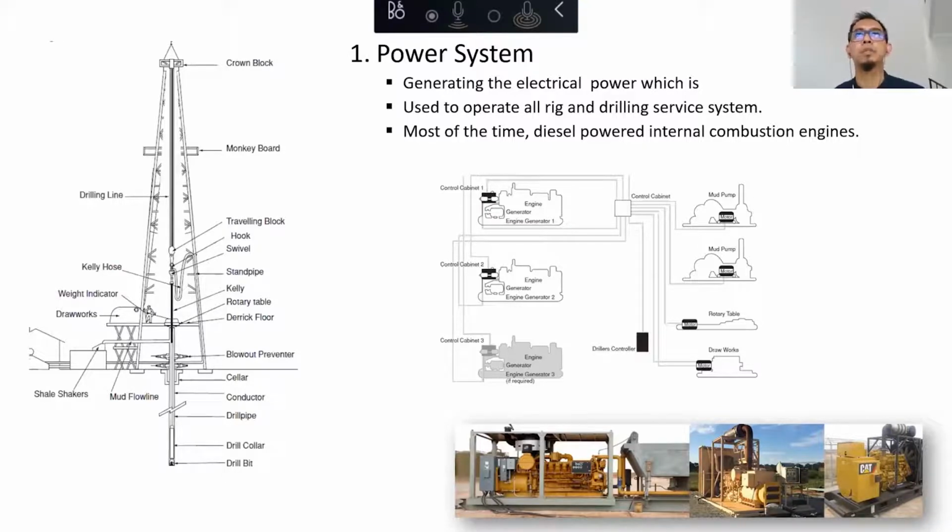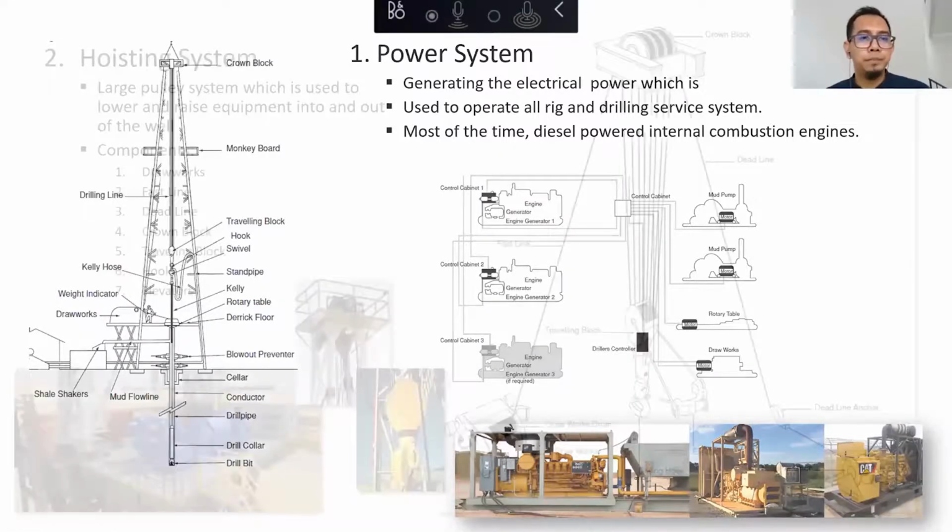So this diesel and power generator will create and supply power to the prime mover to create electricity or to create mechanical force to operate the rigs. And basically, it's a power source. It's a power system generated by the generator.